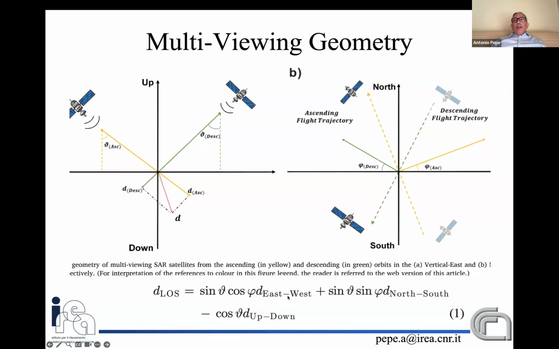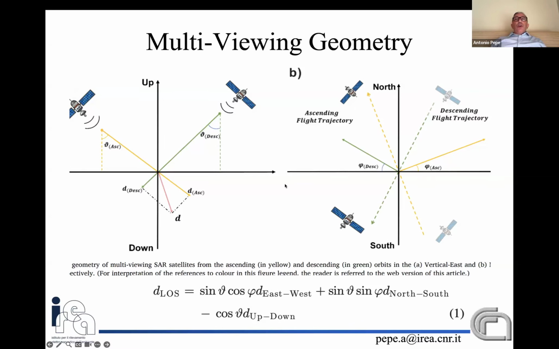A component along the east-west direction, a component along the north-south direction, and a component along the up-down direction. And this picture allows us to decompose the deformation into these two planes. So the first plane is the plane up-down east-west, and the second plane is the plane north-south, and the projection of the 3D orthogonal to the north-south direction.